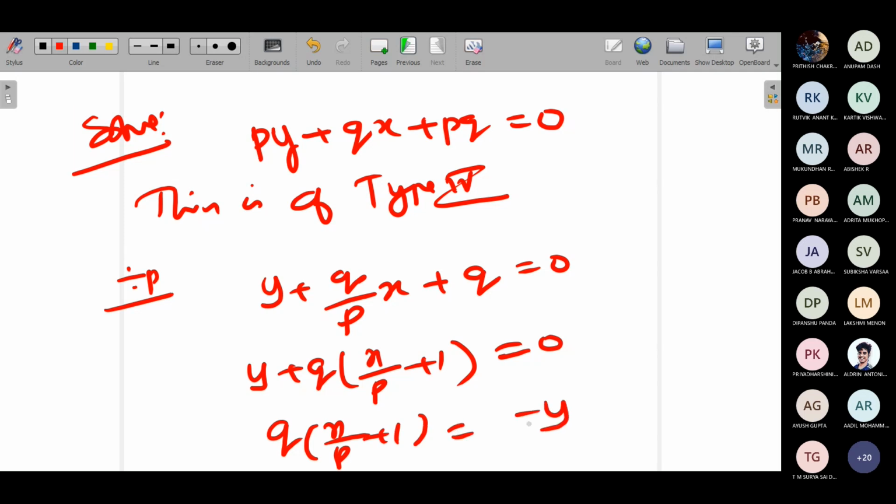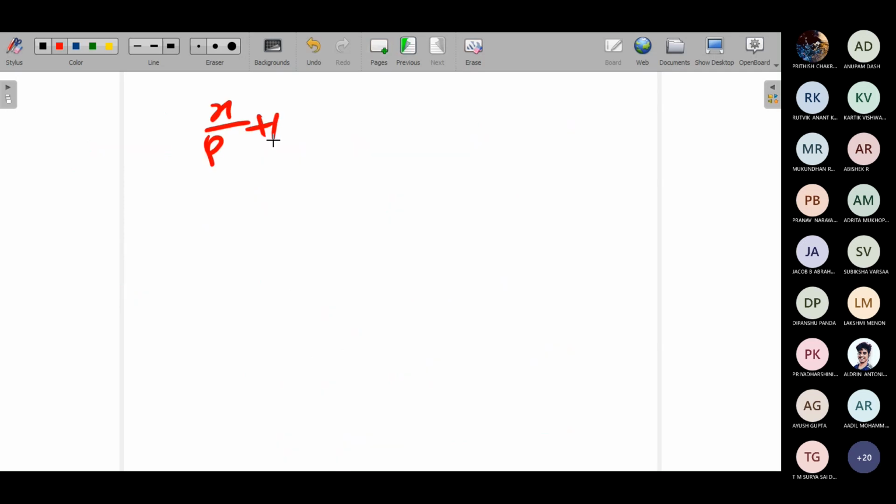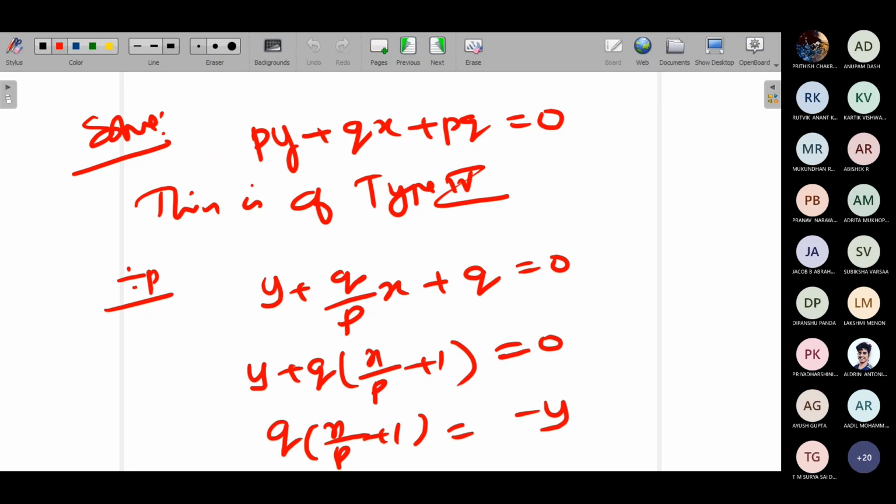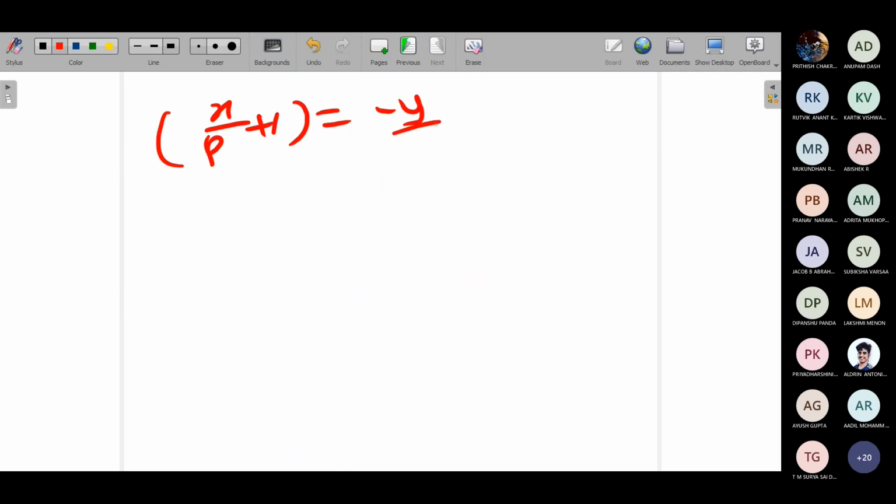We need y and q on one side, x and p on the other side. So x by p plus 1 on one side, and take q to the other side. Now you equate it to k. Integrate it and give me the answer.